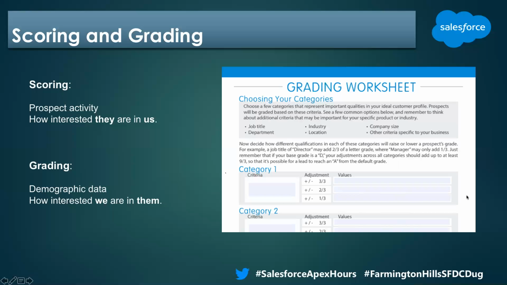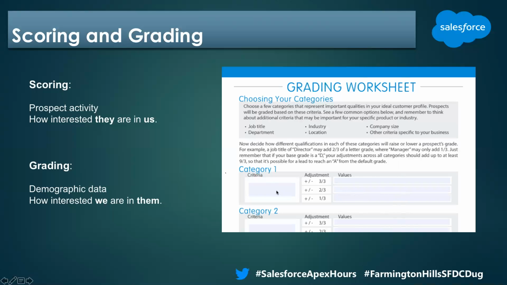And grading you set up using a combination of rules and profiles, but you would do it like this. So you would choose, for example, your category 1 would be a job title, and then you would choose 3 different tiers of the job titles that you're interested in. So for example, maybe CEO or managing director is the top tier, and manager is the second tier. And you can also have negative tiers.